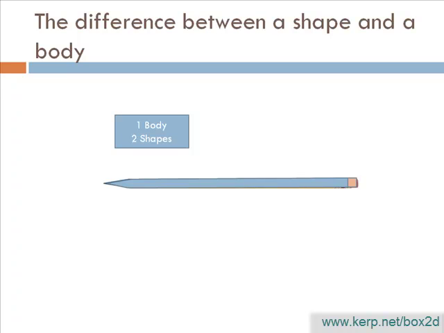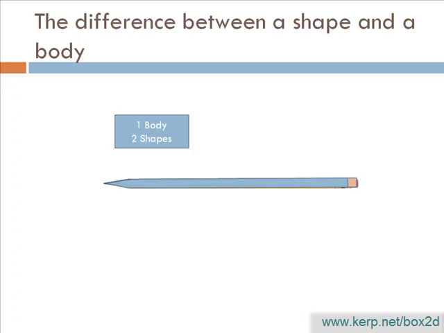Obviously, the wooden end wouldn't have the same kind of restitution value that the rubbery end would have. The whole thing is still considered one body. You're only going to be asking yourself, what is the location and the velocity of the pencil? You're probably not going to be asking, what is the velocity of the rubbery end of the pencil, because that's probably going to be traveling some weird spiral motion as you throw the pencil across the room.